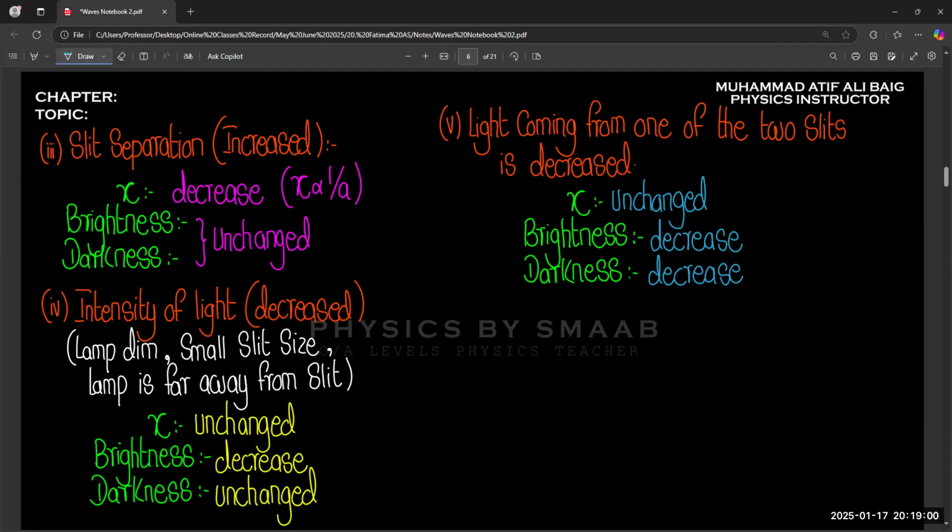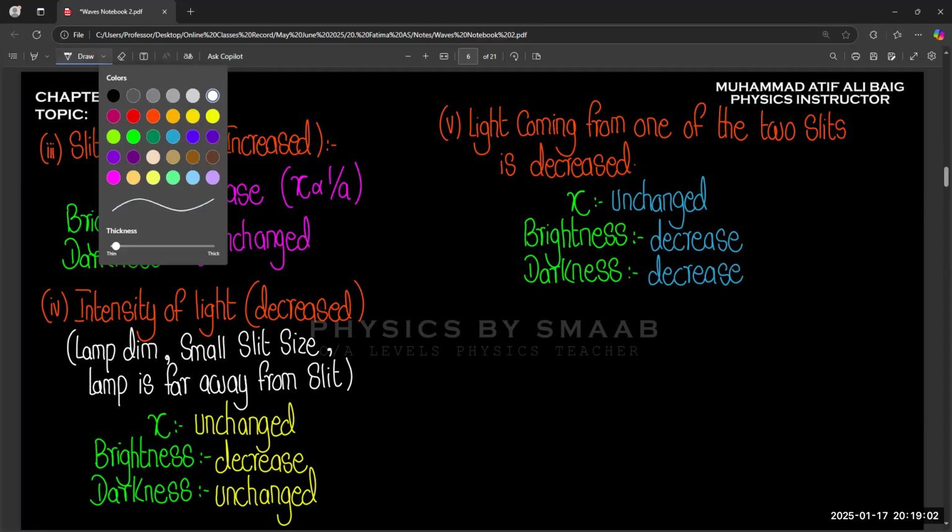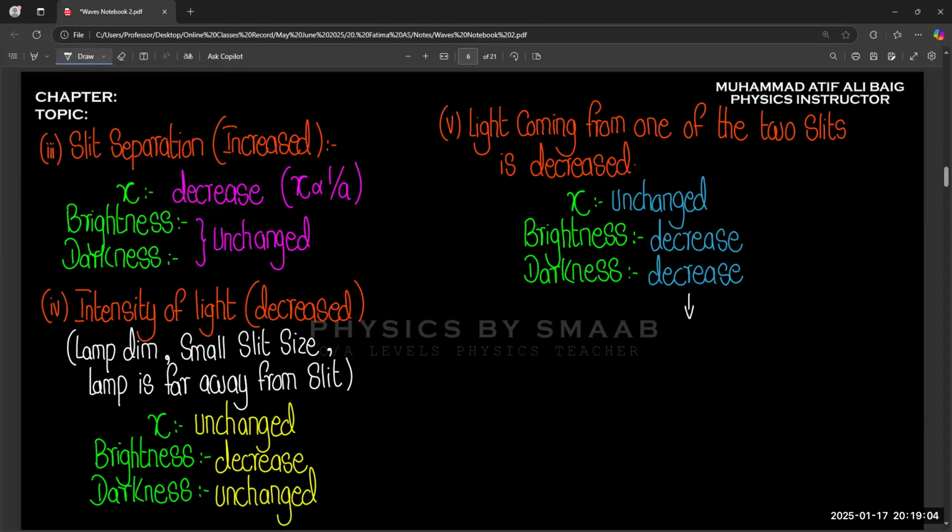Why does the darkness of dark fringes decrease? The reason is very simple, because now we are not getting pure destructive interference. From one slit, let's suppose we are getting a value of 10, and from the other slit we are getting a value less than 10. So that's why they are not canceling out each other properly, and darkness decreases.